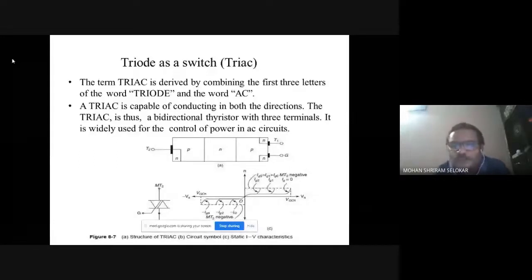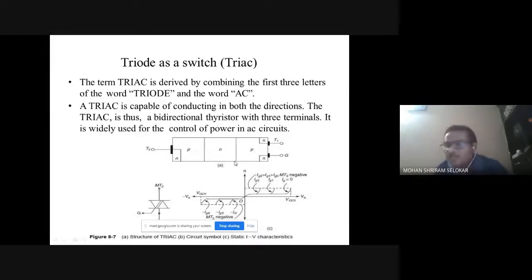Now, what makes it possible? If you see the layer diagram of the Triac, you can see it very easily, right?